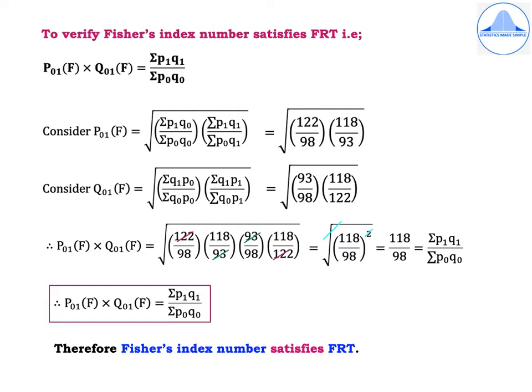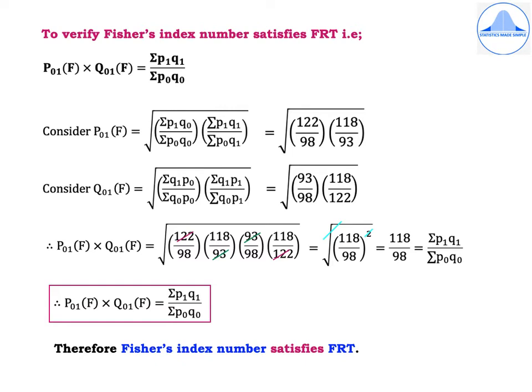So let's find the product of P01 of F into Q01 of F, which is equal to root, list down all the 8 terms. Now you see that only certain terms will get cancelled. 122 gets cancelled in the numerator and in the denominator, and 93 gets cancelled in the numerator and in the denominator. And you're left with root of 118 square divided by 98 square, which can be written as root of 118 divided by 98 the whole square.